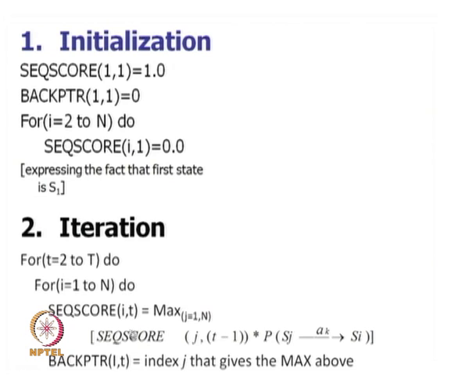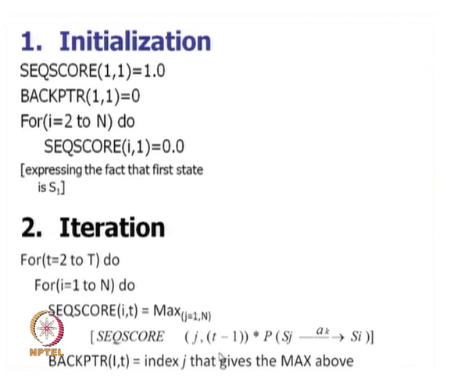So, this essentially is multiplying the accumulated sequence probability, which is sequence score(j,t minus 1), by the transition probability from Sj to Si on symbol Ak. This particular max makes sure that we advance only k states at a particular level.